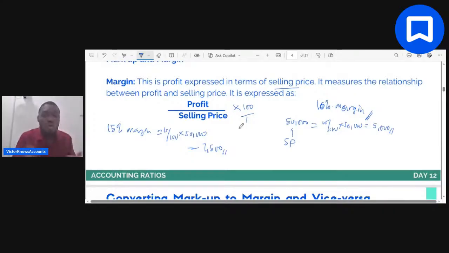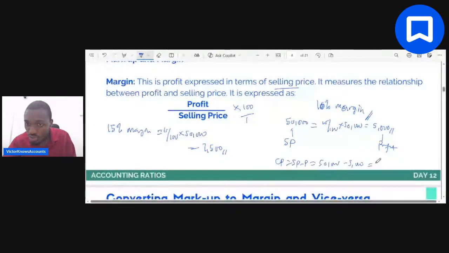So now look at the whole relationship. If my selling price is 50,000 naira, look at the way they can ask you. They will not give you margin. Now this is your profit. They can ask you to calculate the cost price. Cost price equals selling price minus profit, which equals 50,000 naira minus 5,000 naira. It means that you must have bought these goods for 45,000 naira.